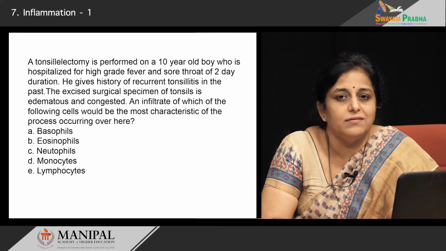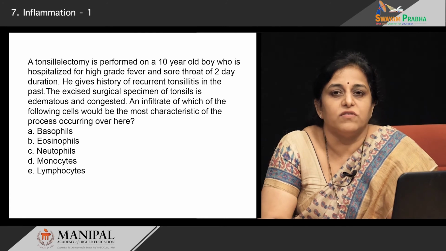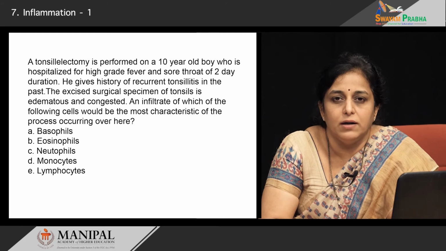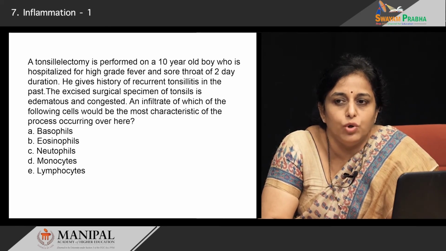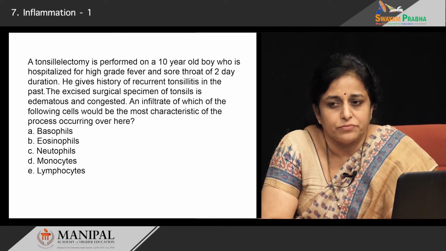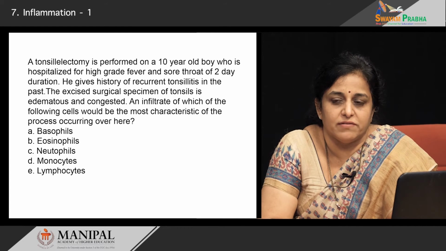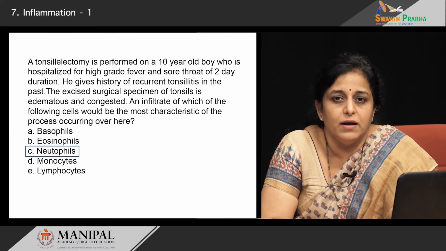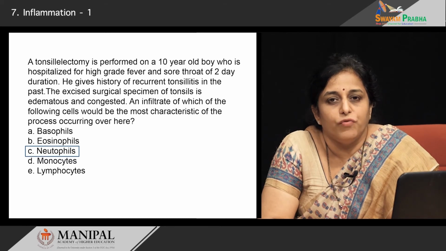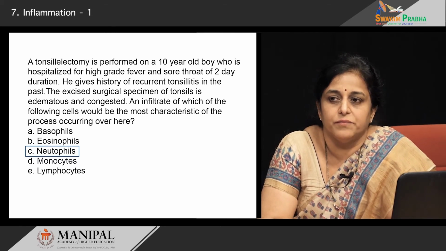Most likely it is acute tonsillitis, because it is a short duration, and the specimen is edematous, which we learnt occurs in inflammation, and a lot of inflammatory cells. So, which cells would you expect to see when there is sore throat of 2 days? It is neutrophils. The right answer is neutrophils, because in the first 2 days the neutrophils predominate, and between 3 to 5 days you have macrophages.